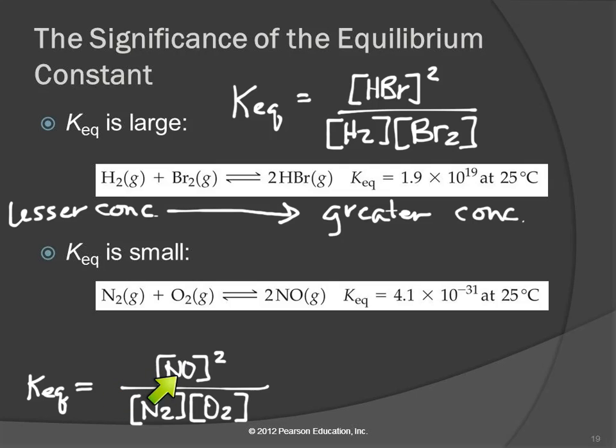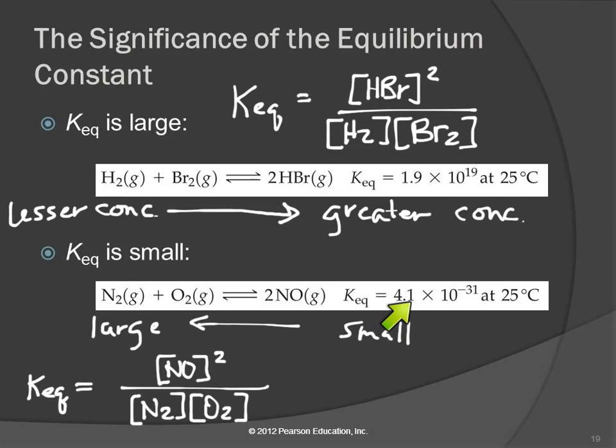That means that the concentration of the product must be a lot smaller than the concentrations of the reactants. That means that the reverse reaction is favored. Now we have large concentrations of reactants and small concentrations of products. We're getting that from this number.